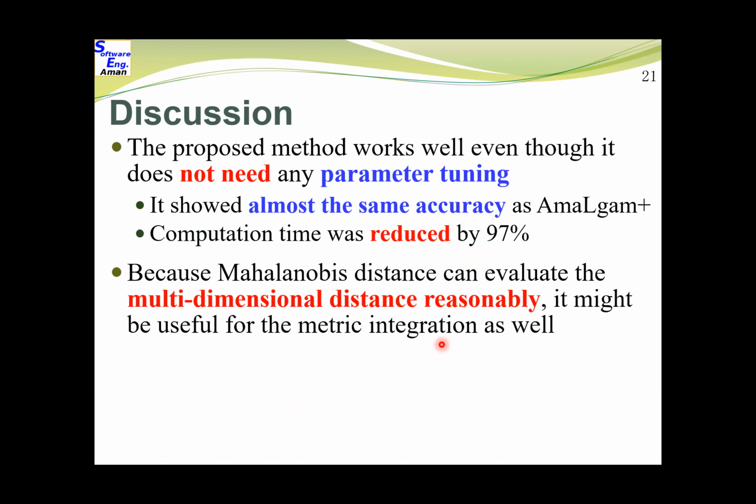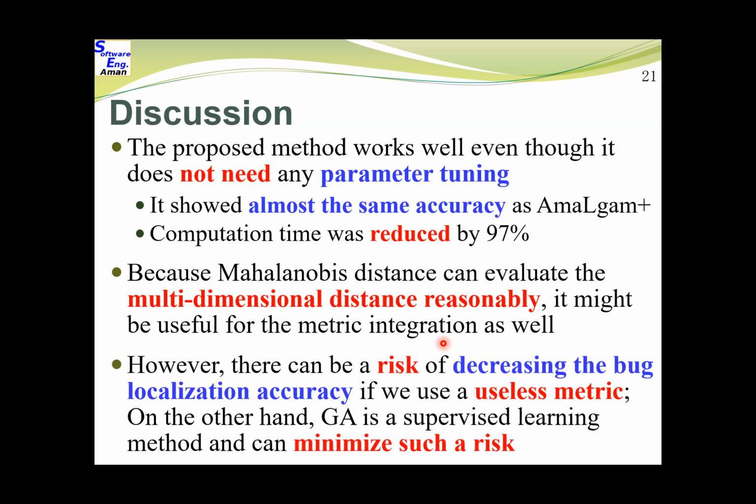We think this is an advantage of the proposed method. However, there can be a risk of decreasing the bug localization accuracy if we use a user's metric. On the other hand, GA is a supervised learning method and can minimize such a risk.